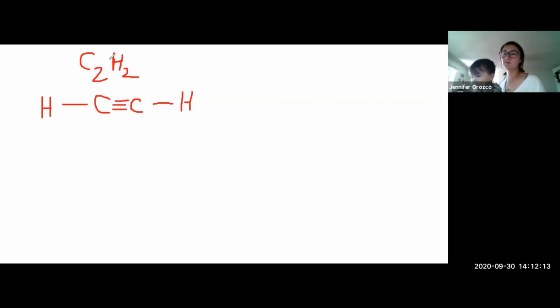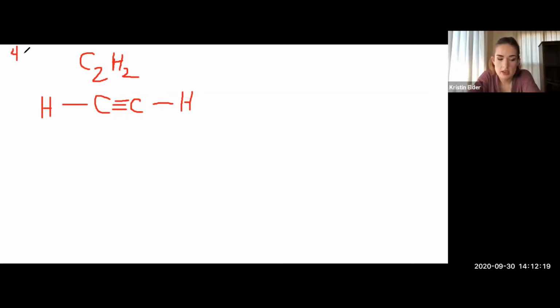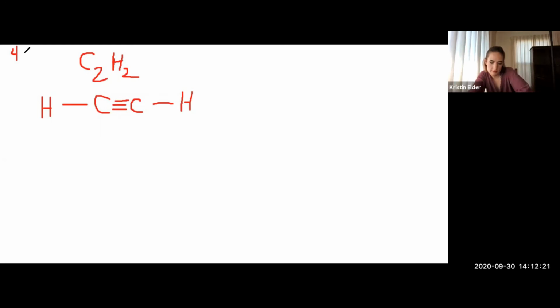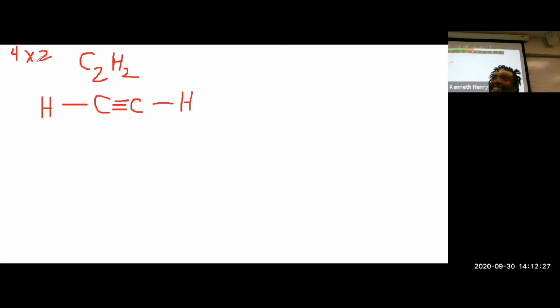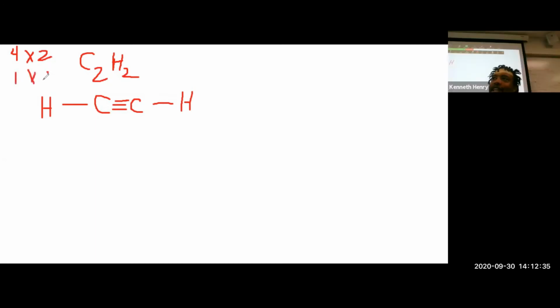Okay, so we know that each of the carbons has how many valence electrons? 8. Oh, well, valence, it's 4. And there's 2 carbons. Okay, and hydrogen has how many valence electrons? 1. So I have a total of 10 to work with.